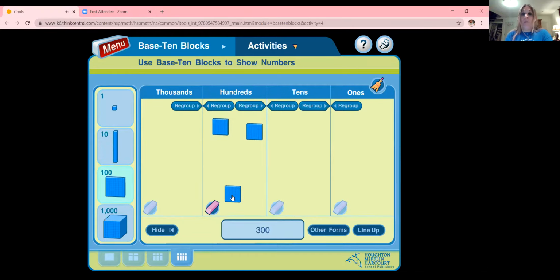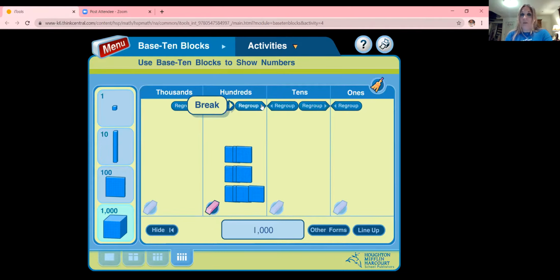Okay, now we're going to move backwards. Instead of multiplying times 10, I am going to find 1/10 of the number. So I'm going to take one of those guys and divide it by 10 by going backwards. Oh, there they are. There's my 10 flats, or my 10 hundreds. Now I'm going to take these 10 hundreds and divide them by 10.